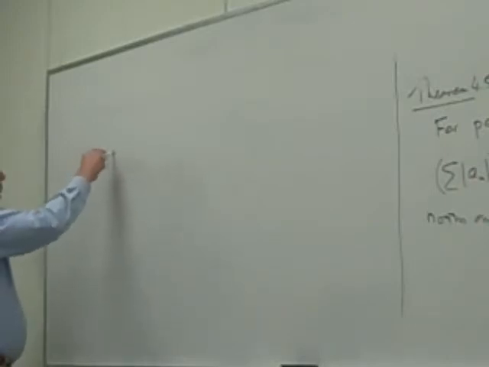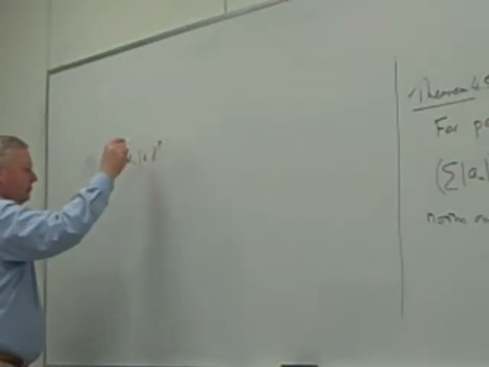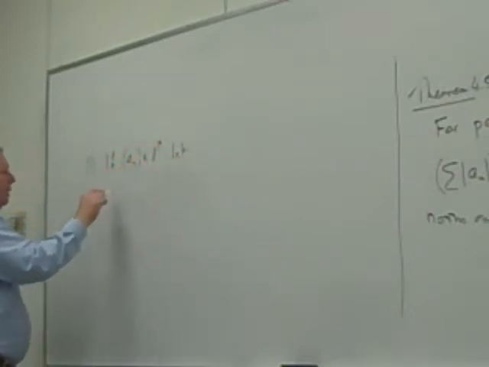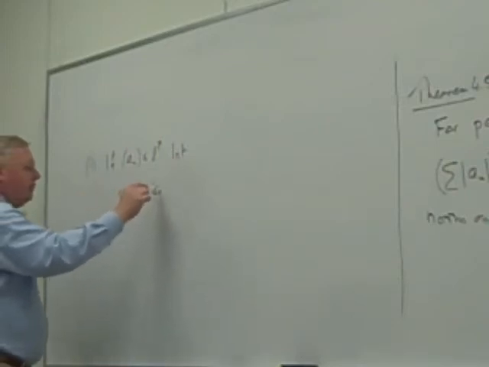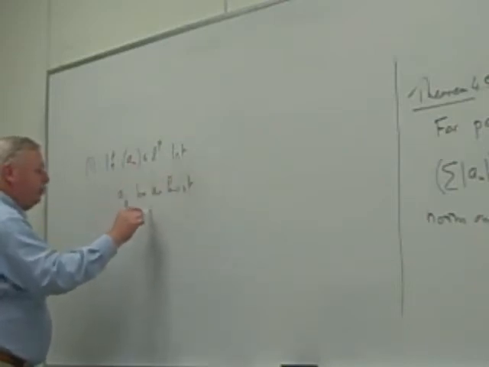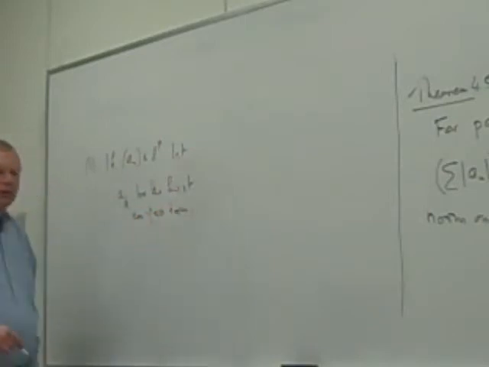So if a_n is in little l^p, let a_k be the first non-zero term. I'm just excluding the zero vector because it's quite evident that phi of that is 0.